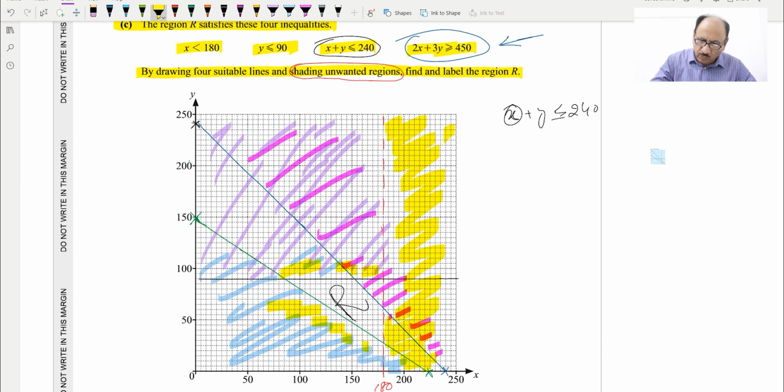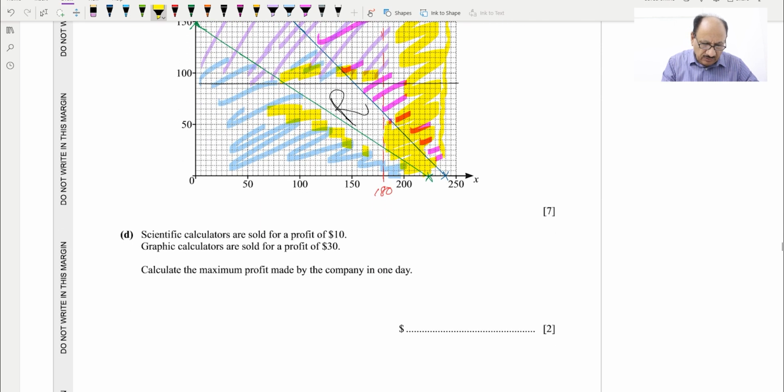Hopefully you understand this. Now the next part, they are saying D part, scientific calculators are sold for a profit of 10 and the graphic calculator are sold for a profit of 30. Calculate the maximum profit made by the company in one day. So maximum profit, if we check this point, which is 150 x value and 90 y value.